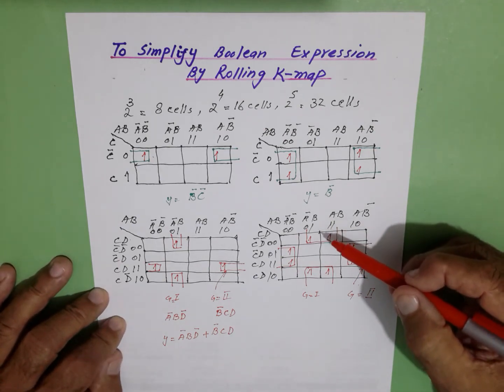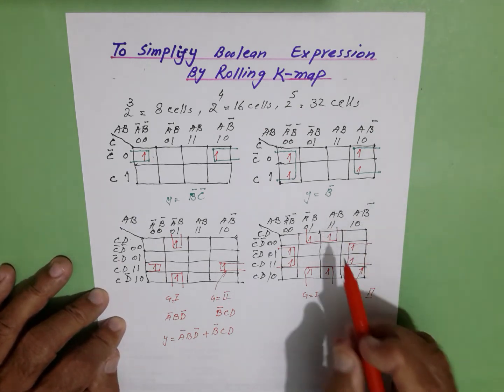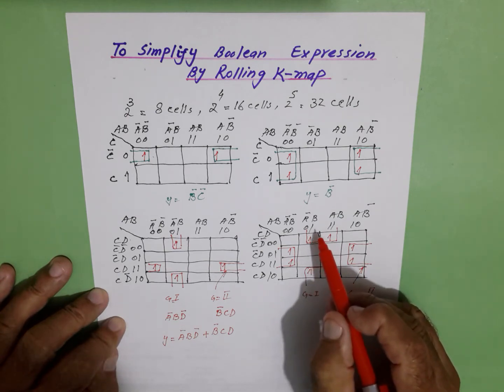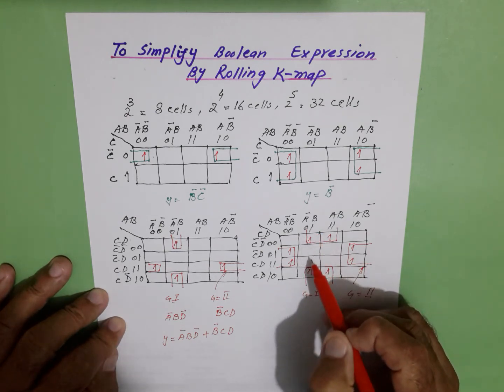Rolling from top to bottom, we see that B is constant from this column to this column.